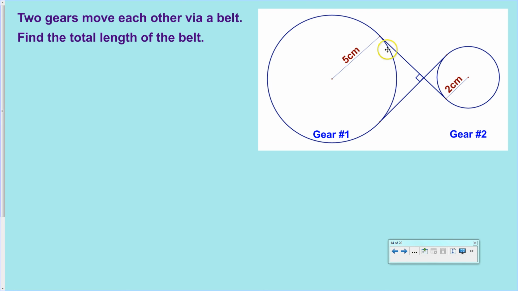Not only that, but we have two tangent lines coming off of a circle and intersecting at an exterior point, which means that these two segments are equal to each other, and these are radii, so those are also equal to each other. That basically confirms that that is a square, because we have four right angles and four equal sides.